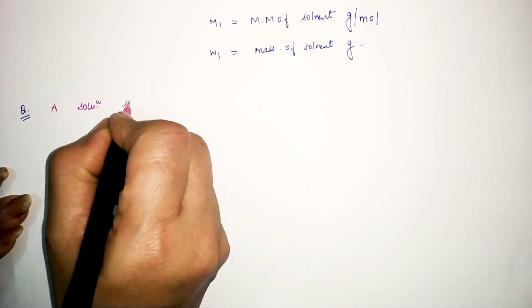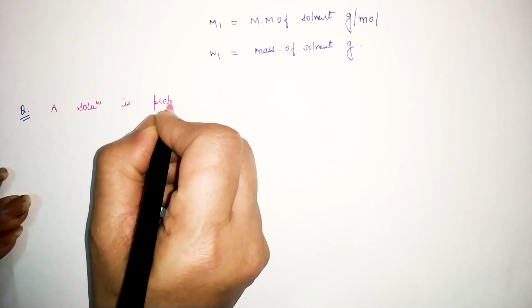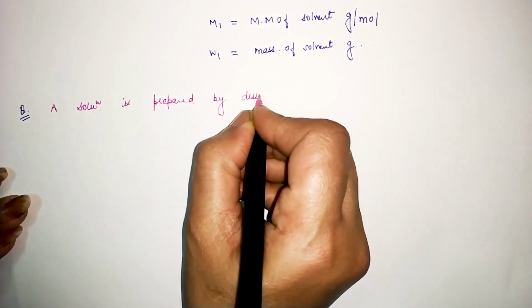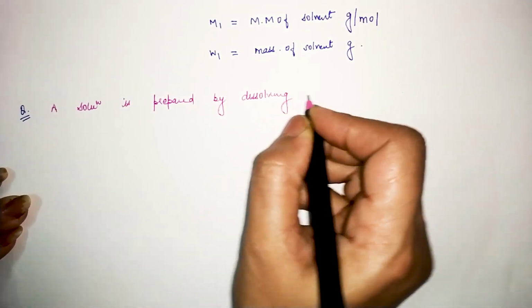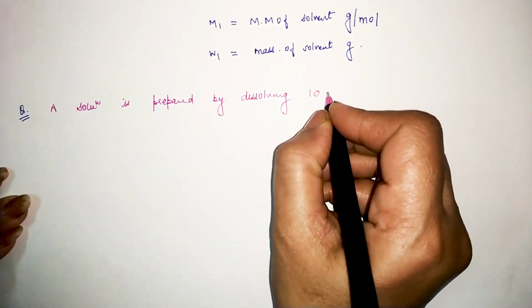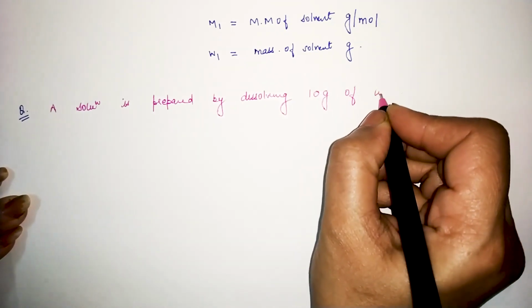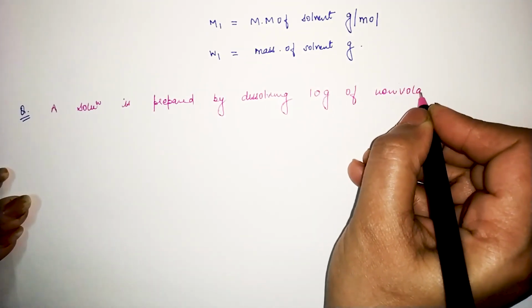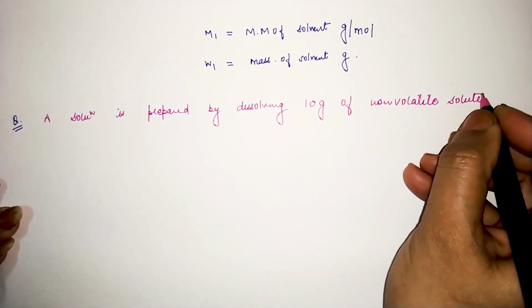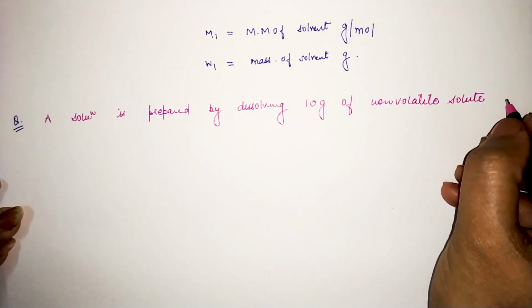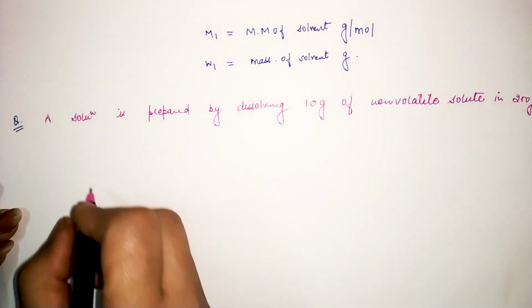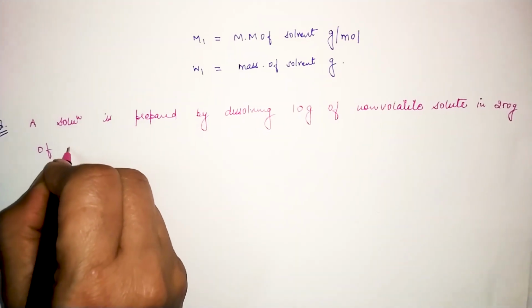A solution is prepared by dissolving 10 gram of non-volatile solute in 200 gram of water.